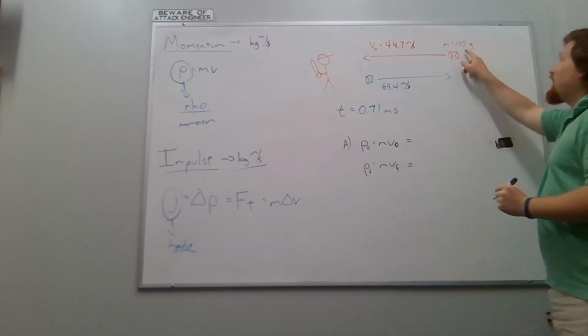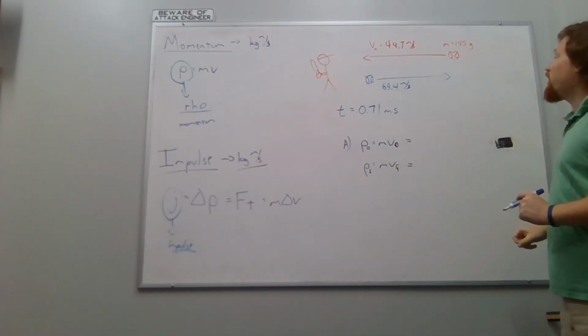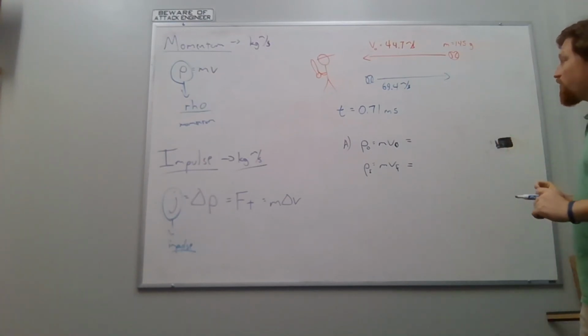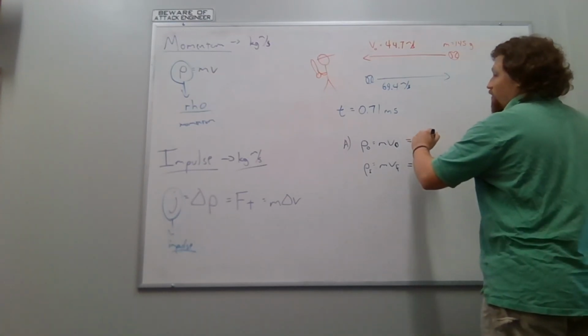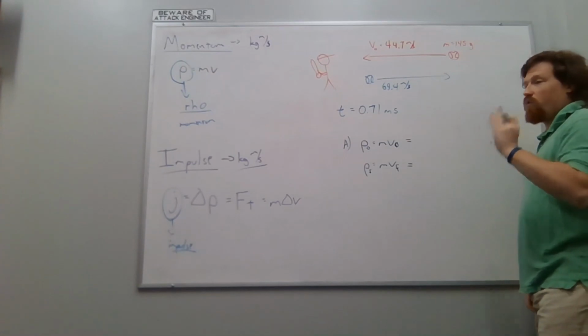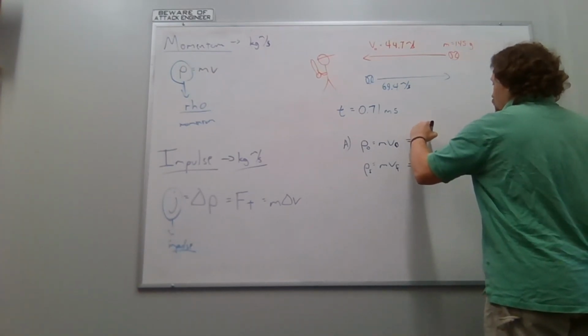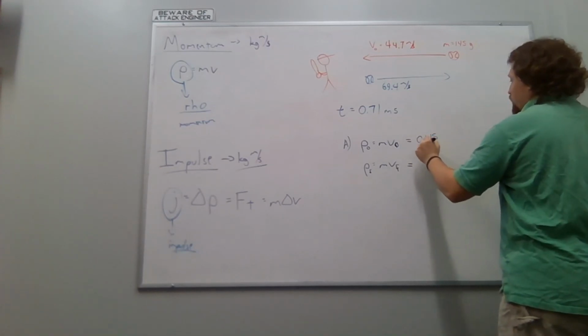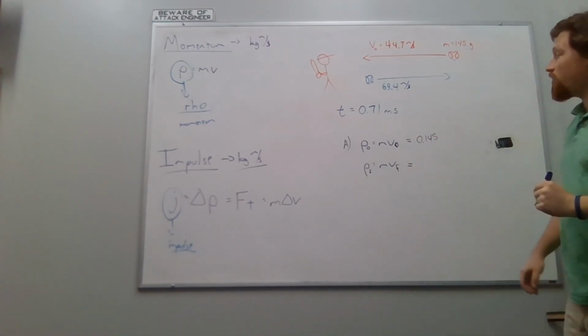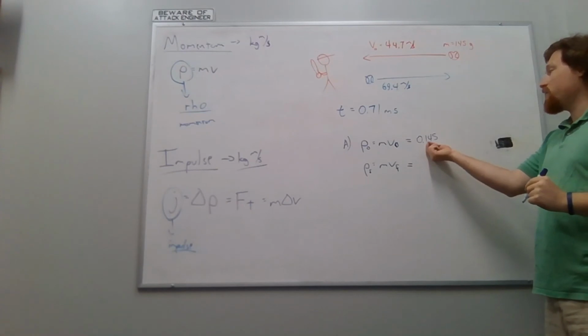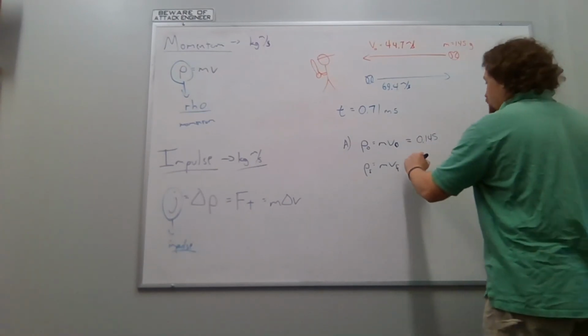We're told the mass of this baseball is 145 grams. We need to change that to kilograms. We have our conversion to kilograms: 1 kilogram is 1,000 grams. So we want to move the decimal place over 3 times. The mass of this ball in kilograms is 0.145.